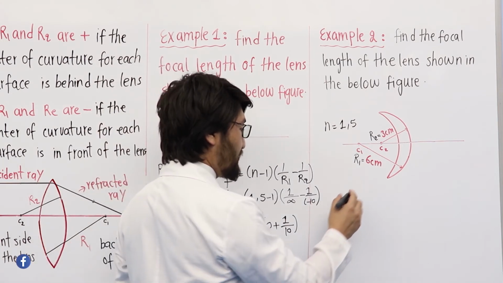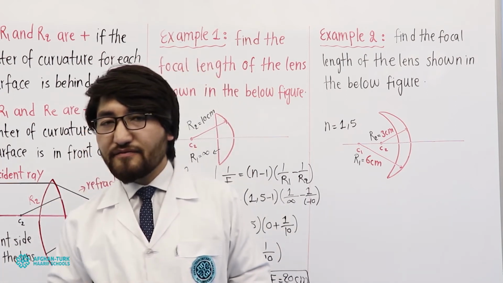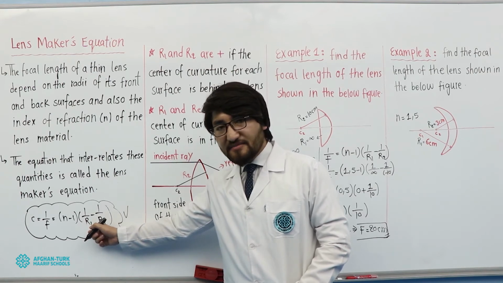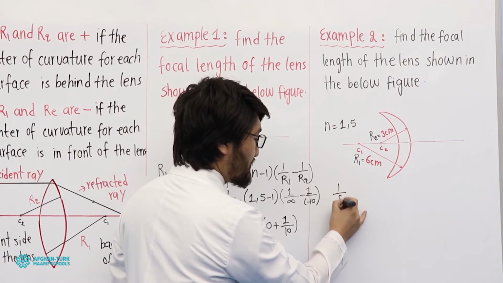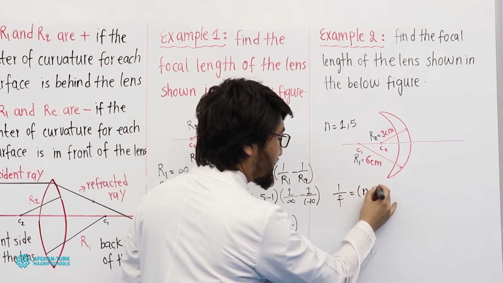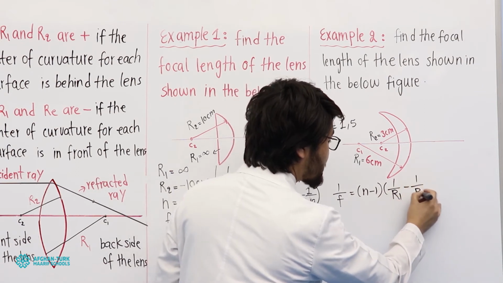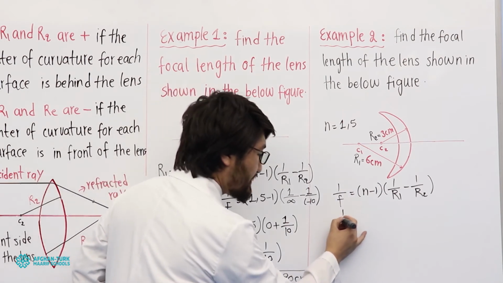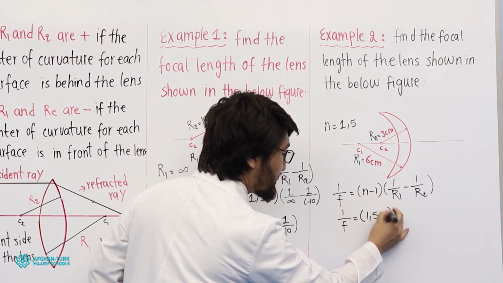What is the formula for finding the focal length? Here we have this formula, the lens maker equation. 1 over f is equal to (n minus 1) times (1 over R1 minus 1 over R2). What is n? 1.5 minus 1.